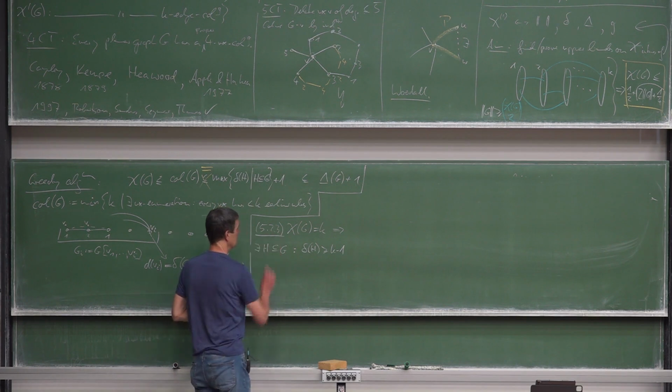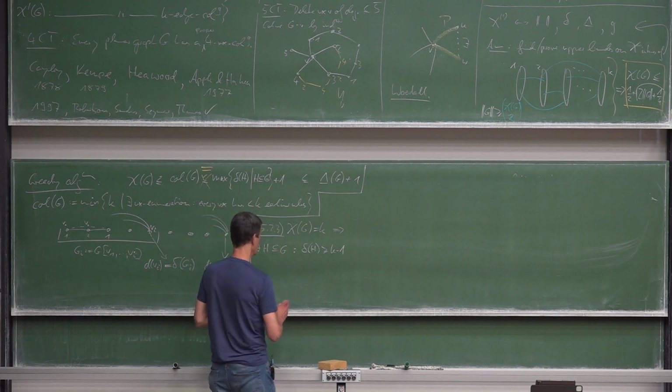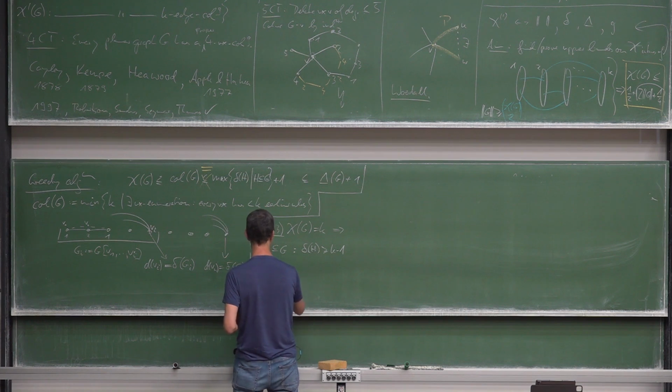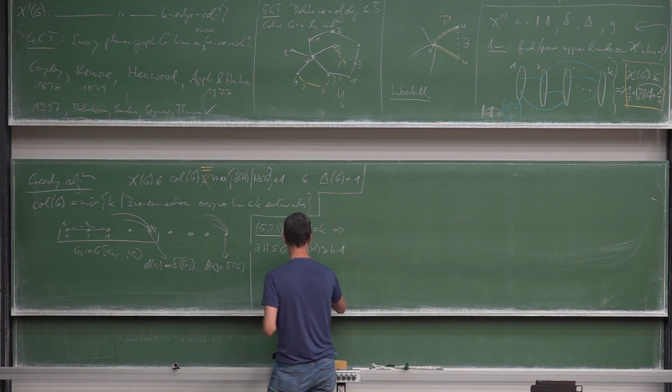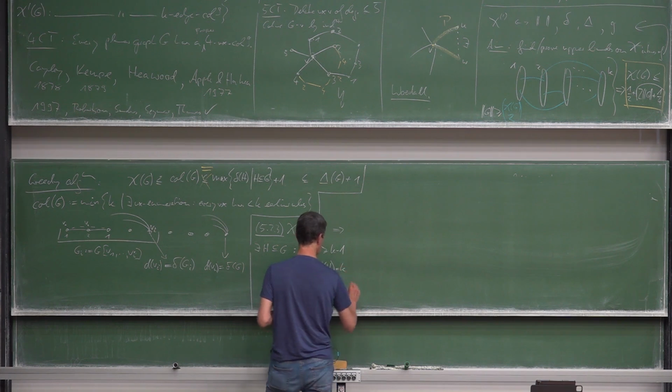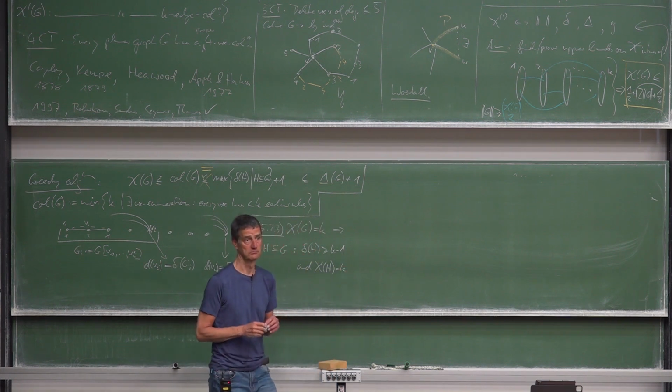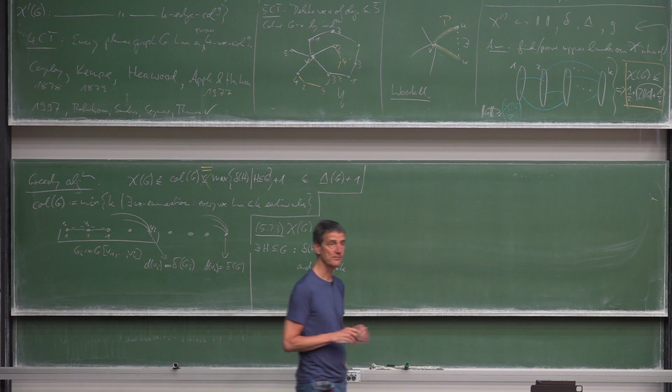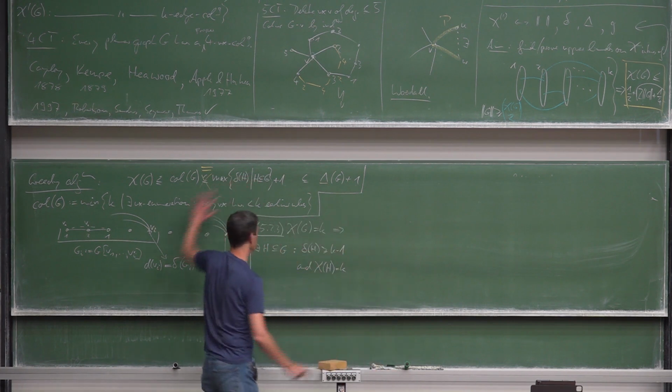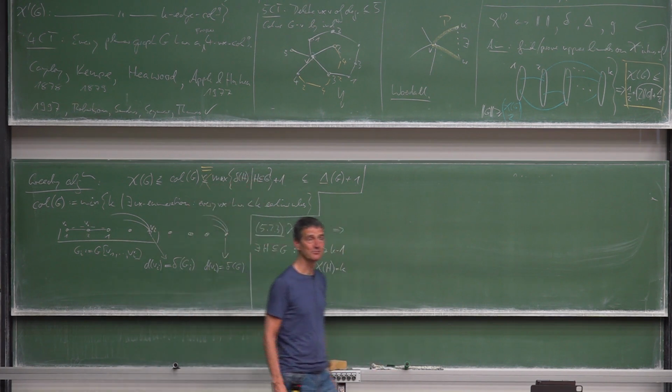And the new thing is that we can find such an H even with chromatic number k as well. And the proof of that is simpler than going through all this. What's the proof? Easy.